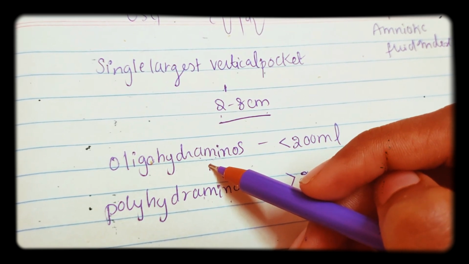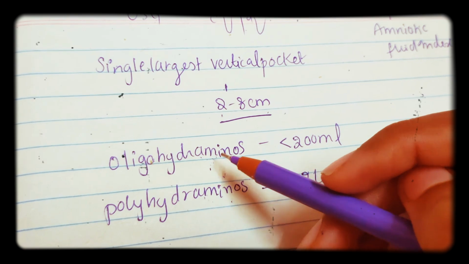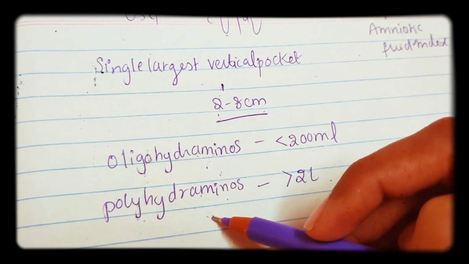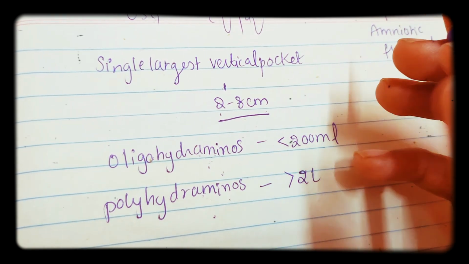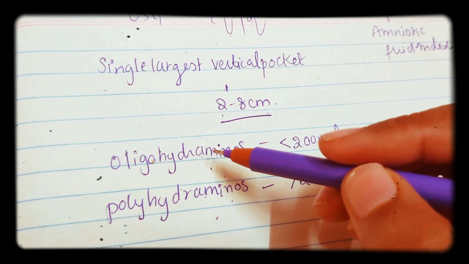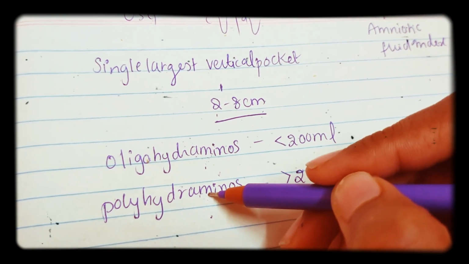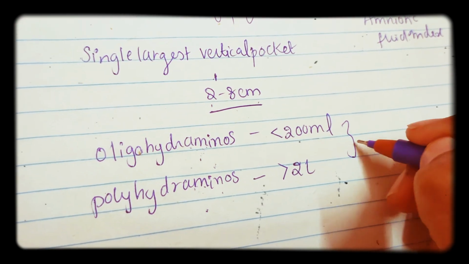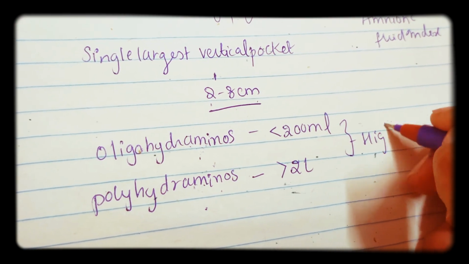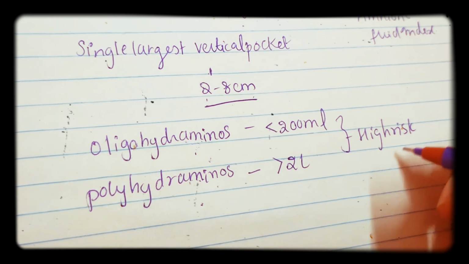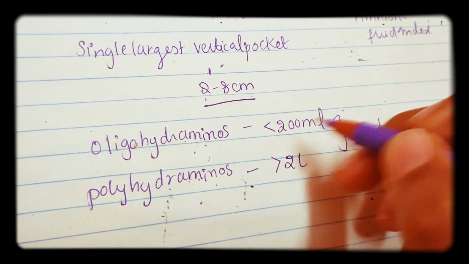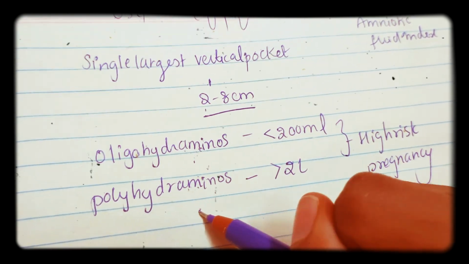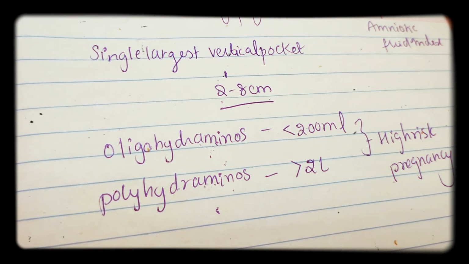In oligohydramnios, the height of uterus is smaller. In polyhydramnios, the height of uterus is larger. So the presence of moderate to severe oligohydramnios or polyhydramnios is called high risk pregnancy. High risk pregnancy is what? Either you have oligohydramnios or polyhydramnios, then it is called high risk pregnancy.